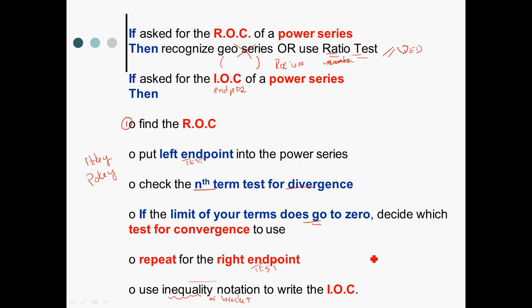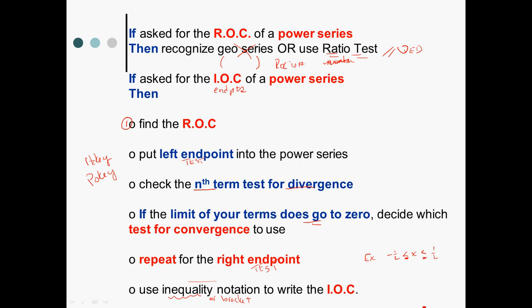So sometimes an interval of convergence might look like x is between, let's say, negative 1/2 and 1/2. That's strict inequality where both endpoints failed. Maybe you have an equality here because the left endpoint created a converging numeric series, but the right endpoint didn't.